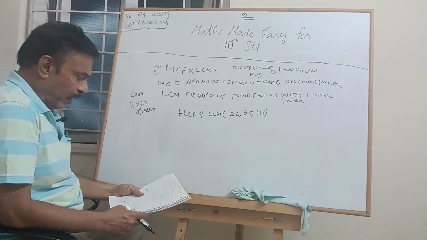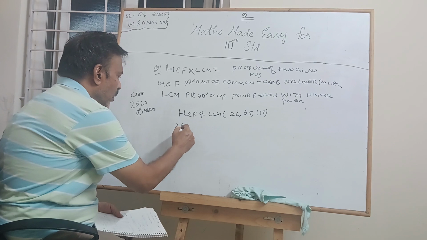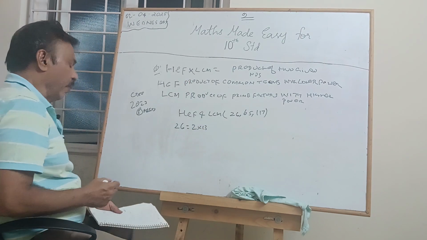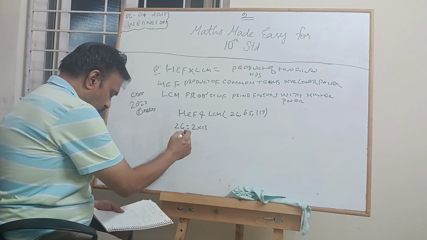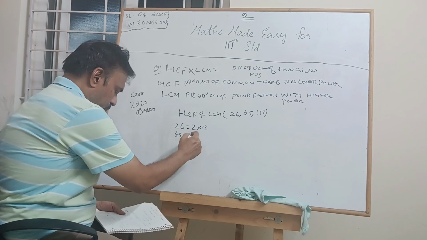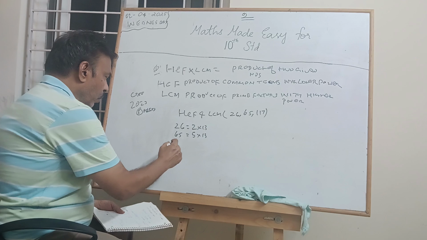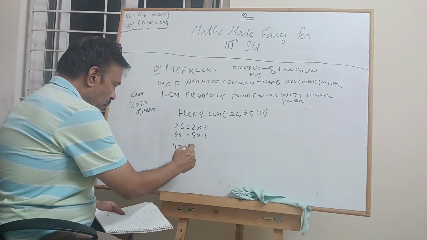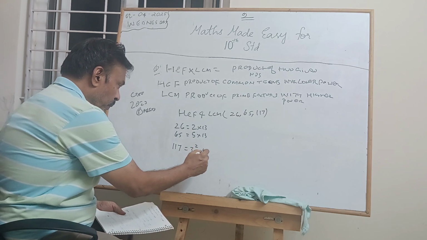Now this is again the same. So what is 26? 2 into 13. 65 equal to 5 into 13. 117 equal to 3 squared into 13.